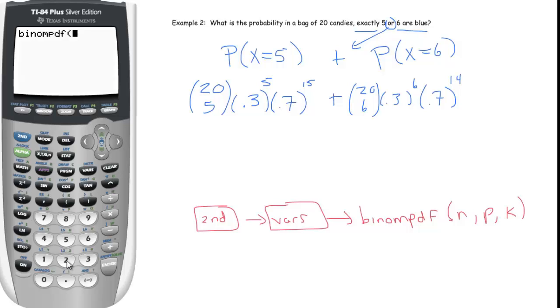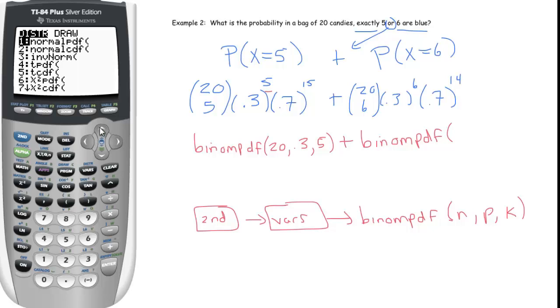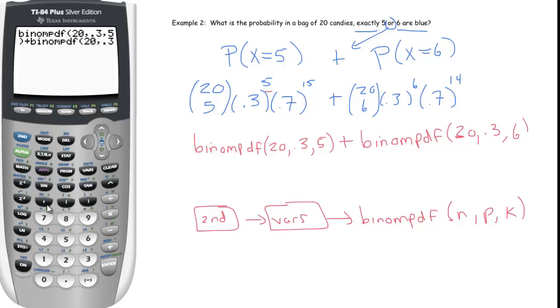So in our example up here, we're going to punch in Binomial PDF, and the number of trials is 20. The probability of a success is 0.3, and we're looking for, in this case, 5 successes. And then I'll add that to this probability, which would be 20 trials again, the probability of success still 0.3, but the number of successes we're interested in is 6.